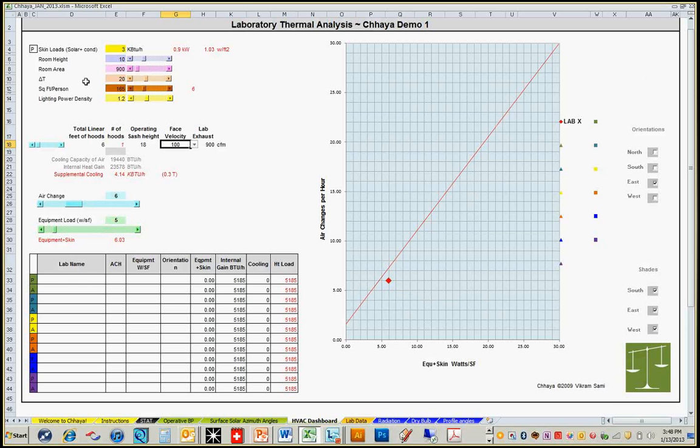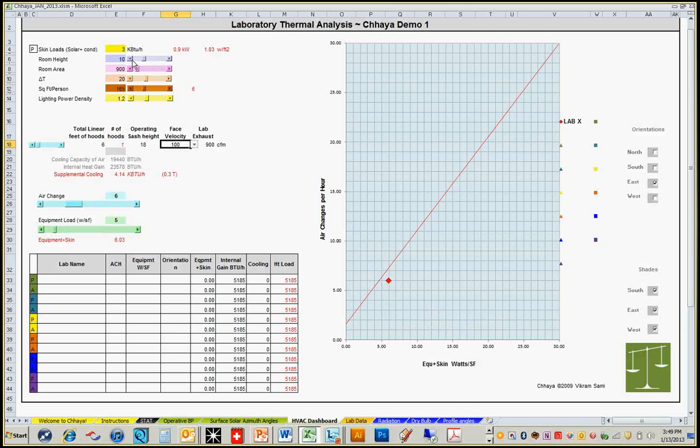Basically the red line denotes when the cooling effect of the air changes from your HVAC system is balanced by the heating effect of the equipment and skin loads. What determines that slope is, well, the first one is the room height.